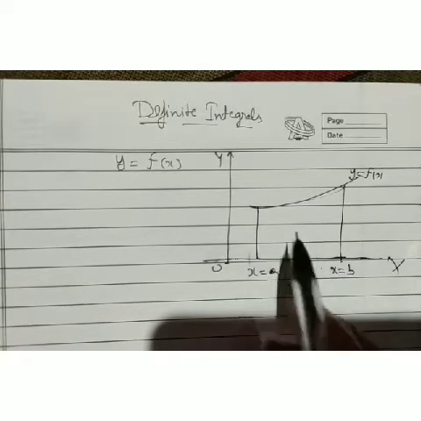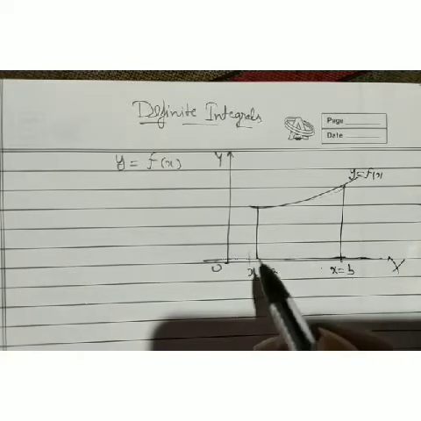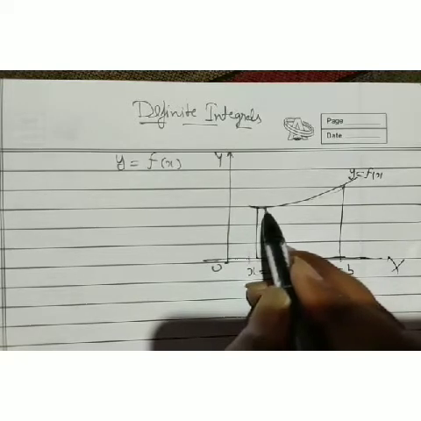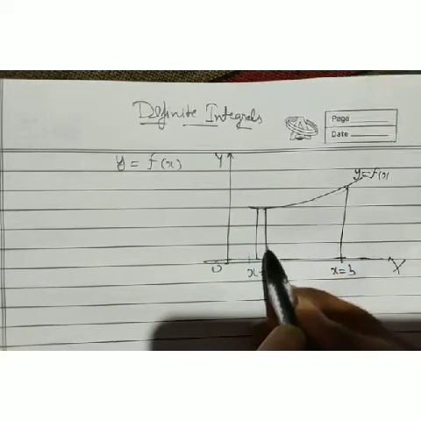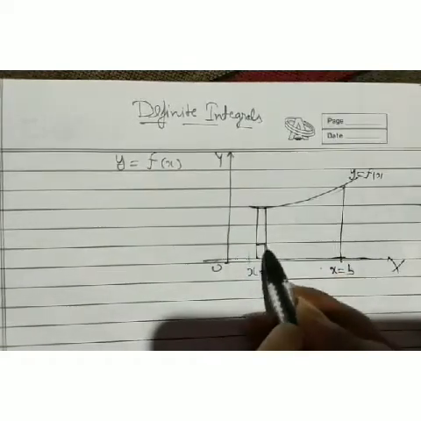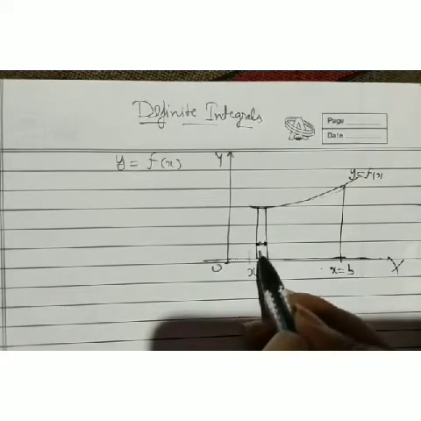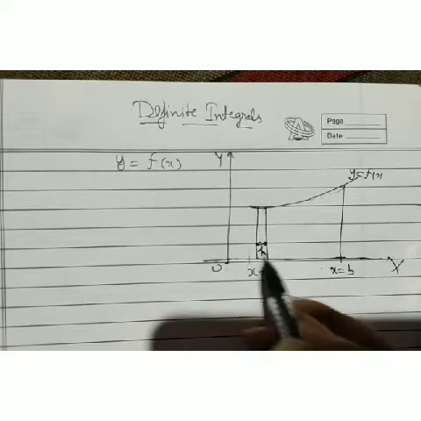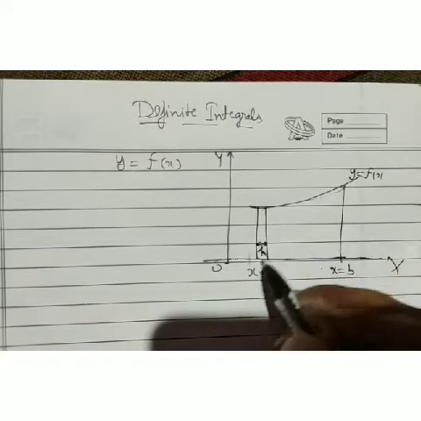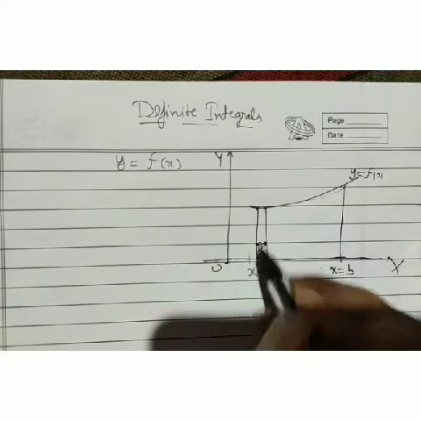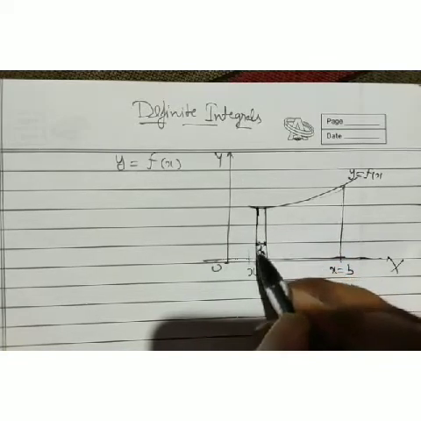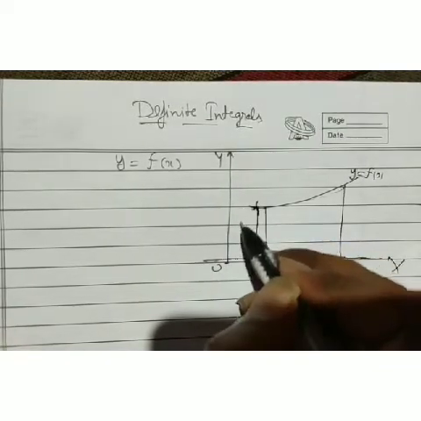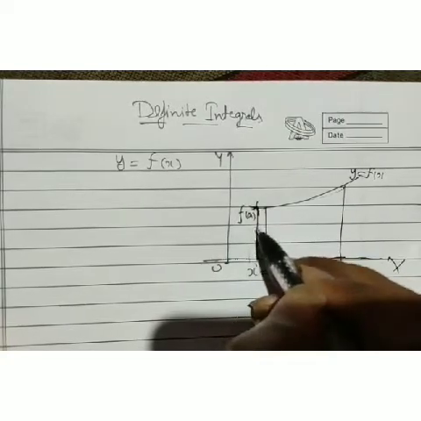To find this area we are going to use some strips. Suppose I take a rectangular strip with width, or breadth, a small h. At x equal to a, the length of this strip is given by f of a.